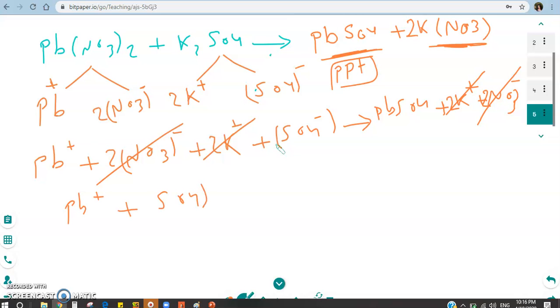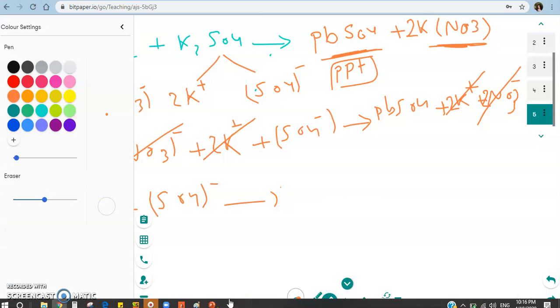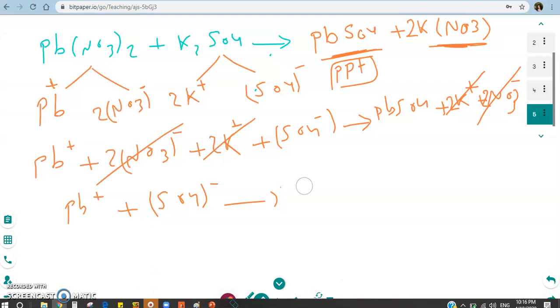I'm just writing the rest. And this is to confirm that our compound or molecule that will be precipitating is actually PbSO4.